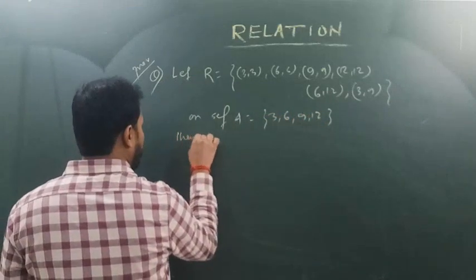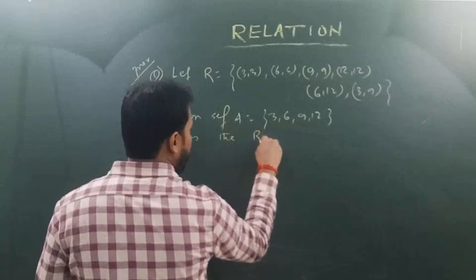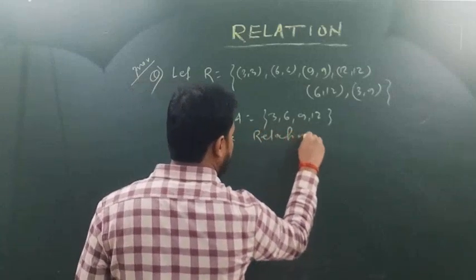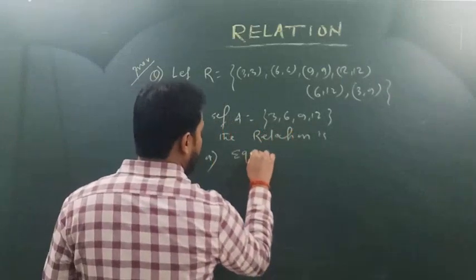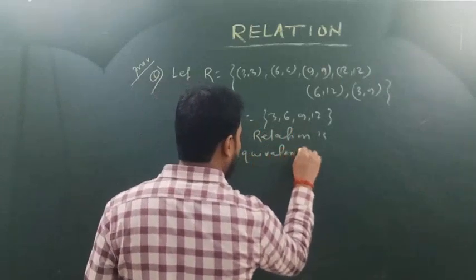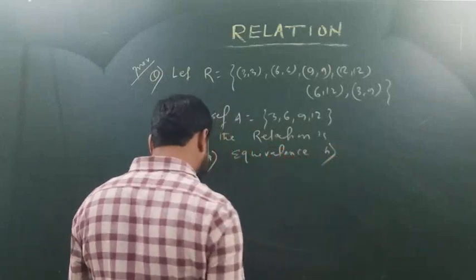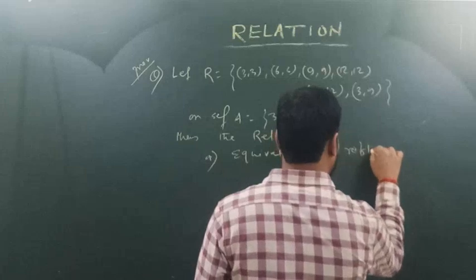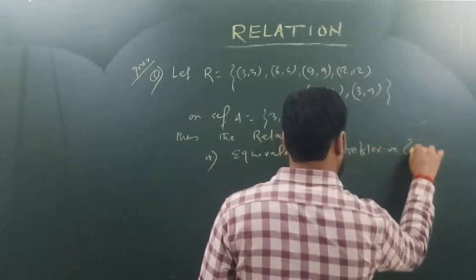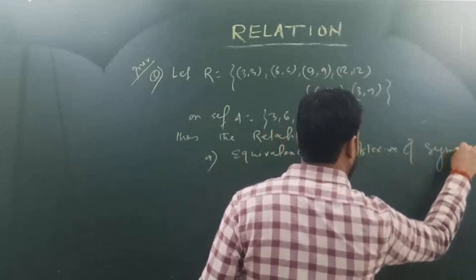Then the relation is: first option is given equivalence. Option B is given reflexive and symmetric only.